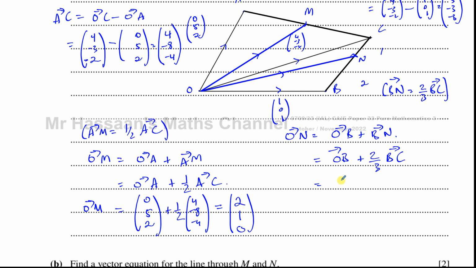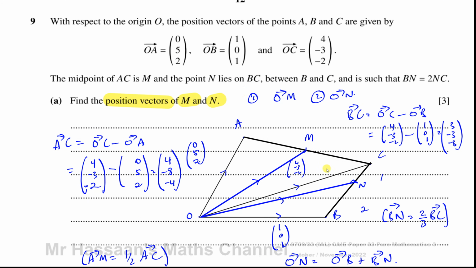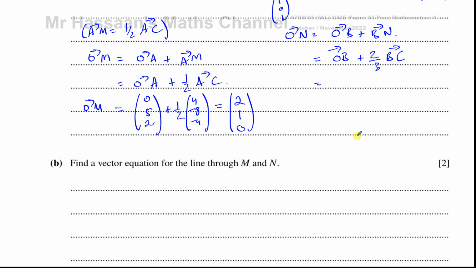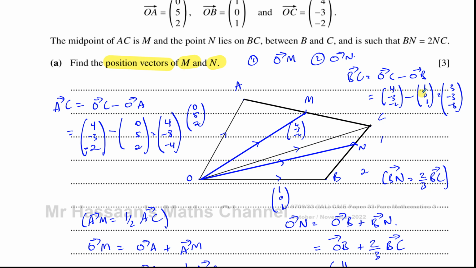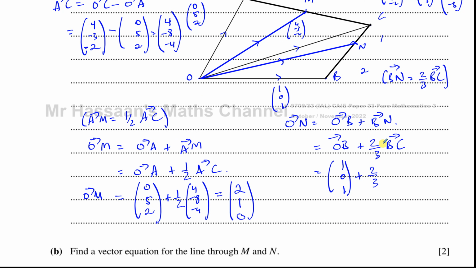So O to B, as we know already from the question, is 1, 0, 1. You have 1, 0, 1 plus 2/3 of B to C. 2/3 of B to C is 2/3 of 3, -3, -3. So now you have 1 plus, when you multiply these together, the 3's cancel out, you're left with just 2, because you have 1 plus 2, which is 3.